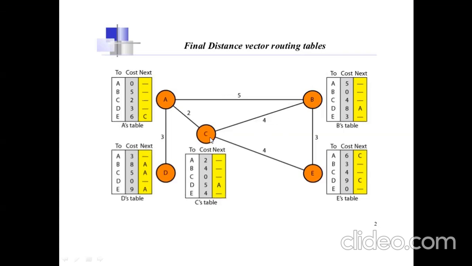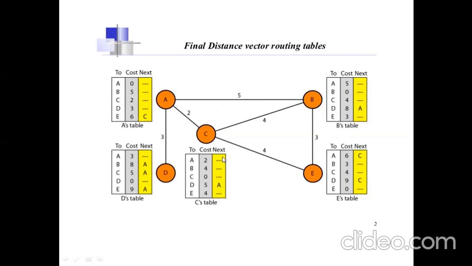B to D, we cannot reach directly, so it goes through an intermediate node, A. Along with that, we have to add the path cost: 5 plus 3 equals 8, and A is the intermediate node. Similarly, B to E is directly connected, so the cost is 3.